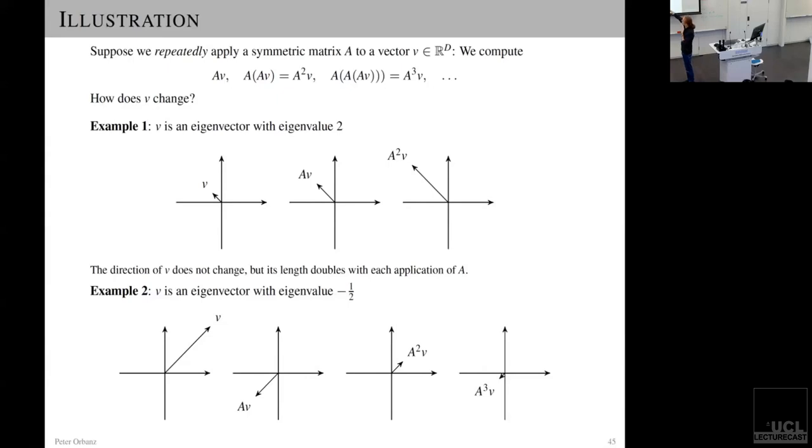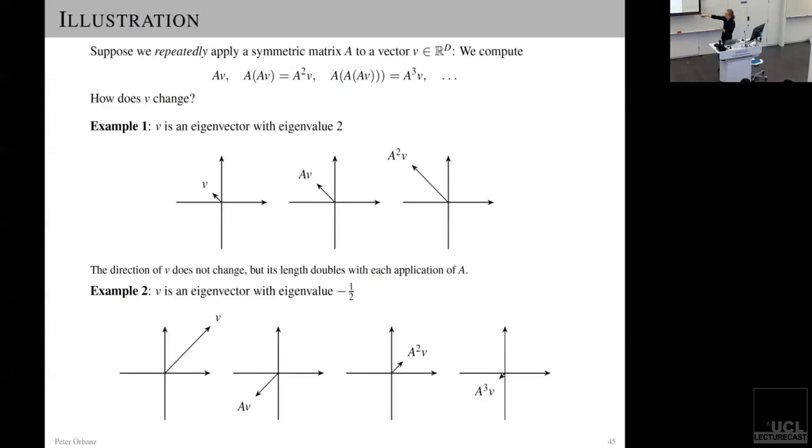I apply A once, and the direction doesn't change, but it gets stretched by a factor 2. Now I apply A again, it again gets stretched by a factor 2. So the direction doesn't change, but the length doubles with each application.